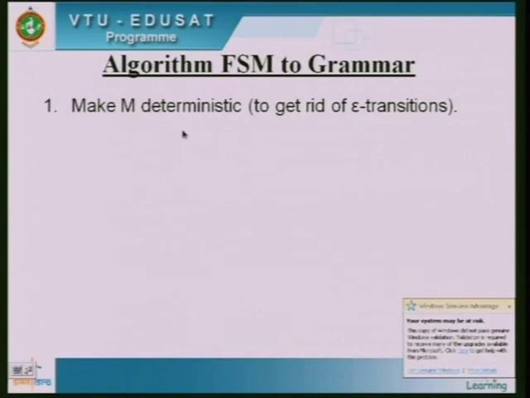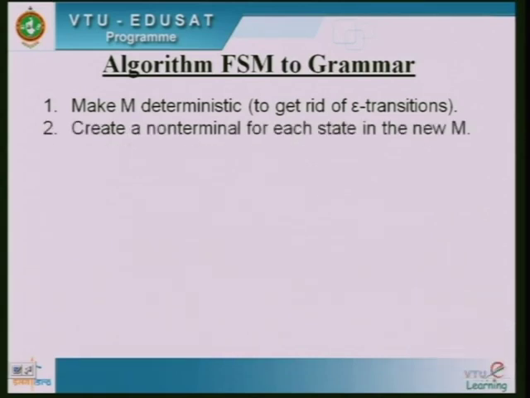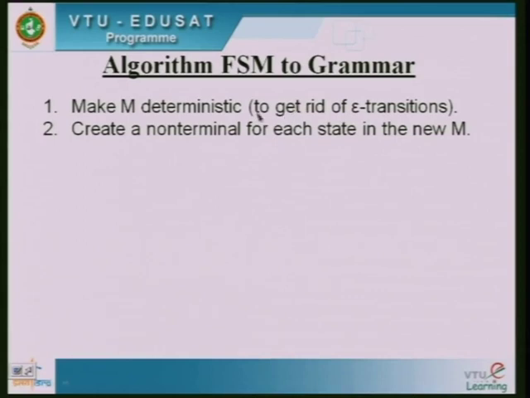If you are not making M deterministic, that is a deterministic finite state machine, it is also okay, but there should not be epsilon transitions. If you want to eliminate the epsilon transitions, the only way is to convert into the equivalent DFSM. If epsilon transitions are not there, then with the FSM only you can continue.